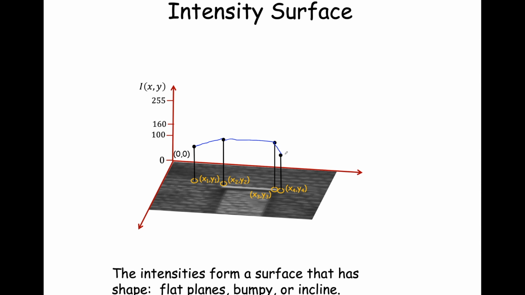Okay, so in order to describe this intensity surface and thusly describe the content of the image, it's important to describe the shape of the surface of the intensity surface, to describe the flat planes, the bumpiness, or the inclines.